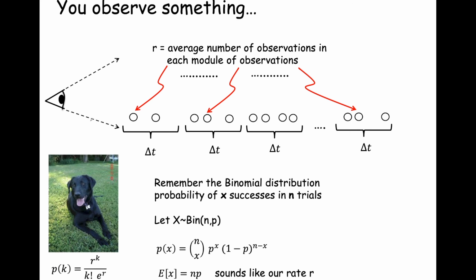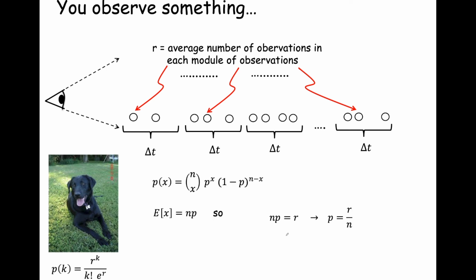Now, again, I stress that delta t doesn't matter how big it is. Delta t could be 10 milliseconds. It could be 10 hours. It doesn't matter. 15 minutes, could be 5 minutes. So this expectation sounds a lot like our rate. And in fact, it is a rate if we consider the occurrence of an event in time as a success. It's absolutely the same thing.